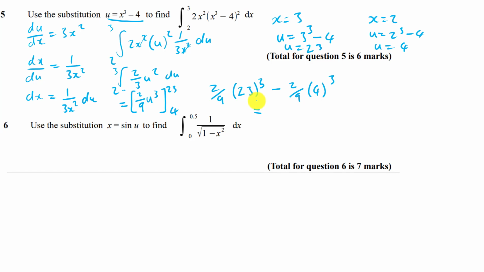I got 2,689.5. Is that a recurring 5? It's basically 2,690. Okay, well I've got to say 0.5, and that's units squared. And then that's done. You did it. Well done, you.